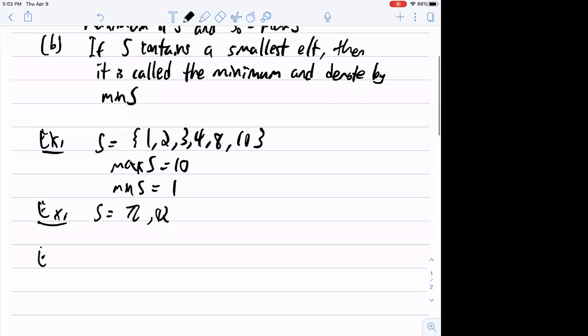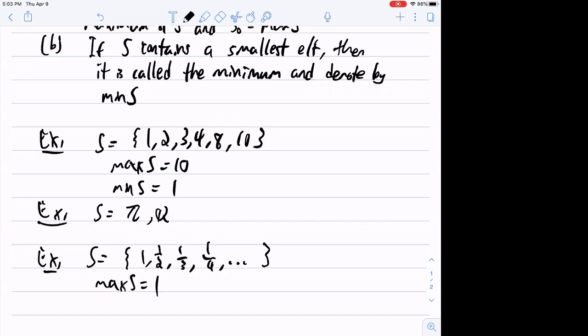Now, there is something we have to work with. If S was something like this, clearly the max of S is 1. But the min of S, you want to say it's 0, because the terms are going to 0. But the point is 0 is not in the set.